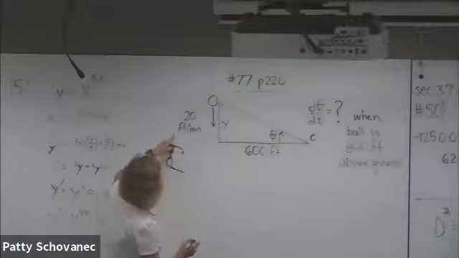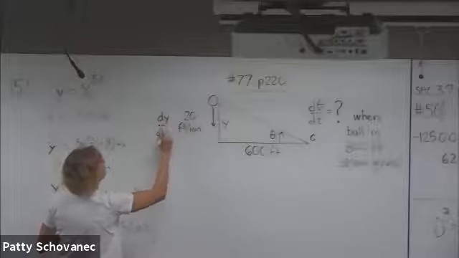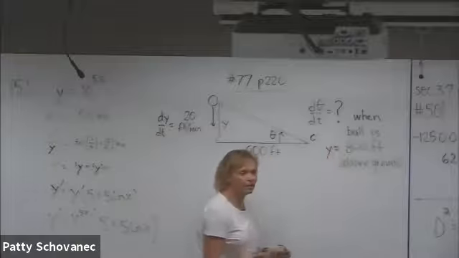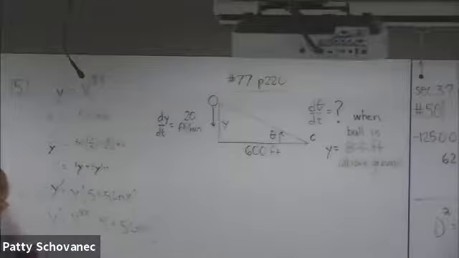And then this 20 would be a dy/dt. And that's going to be a value of y that we substitute in after we generate the related rates equation and take the derivative. But I don't need a variable for the 600 because that's fixed.